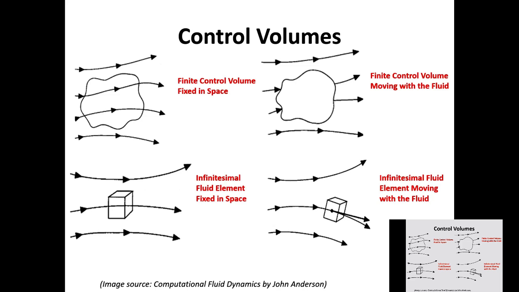Now what you have been doing so far, even when you take your pipe flow problem, is you have a fixed volume, with an inlet and an outlet. You consider this pipe to stay in the same space, and you consider the fluid to move in and out of that space, and you don't worry about the individual fluid particles inside.